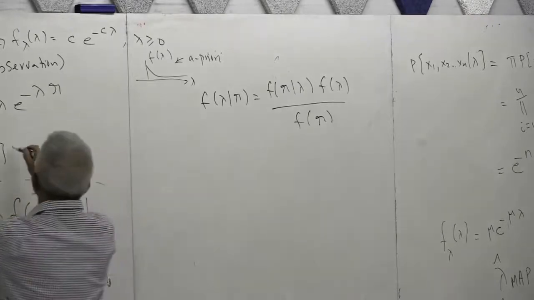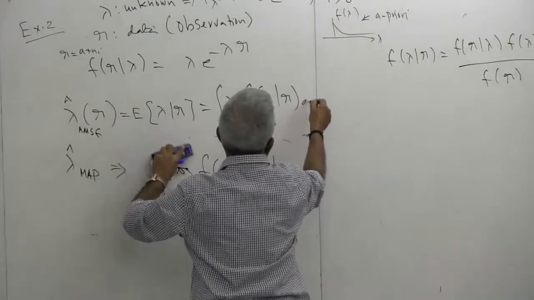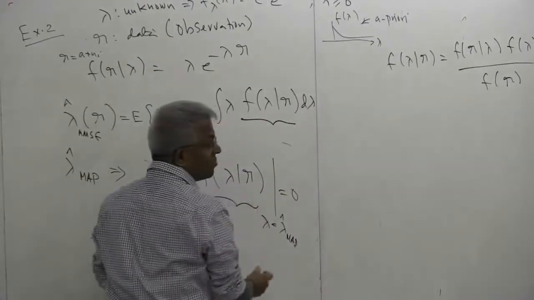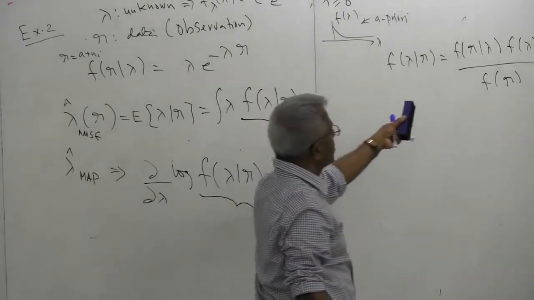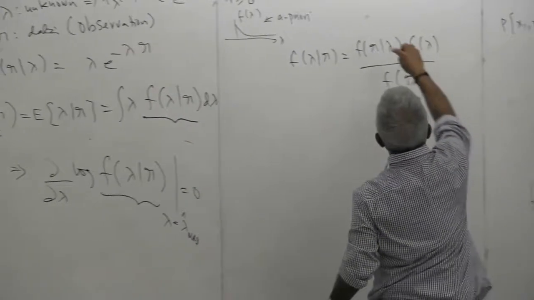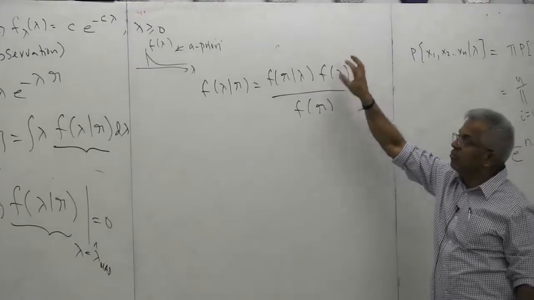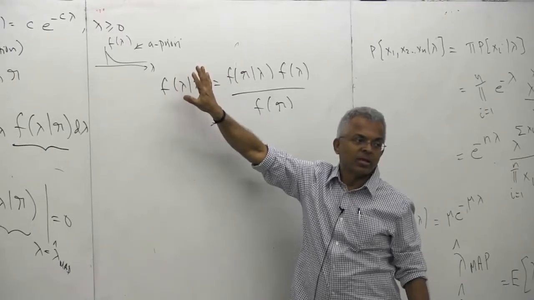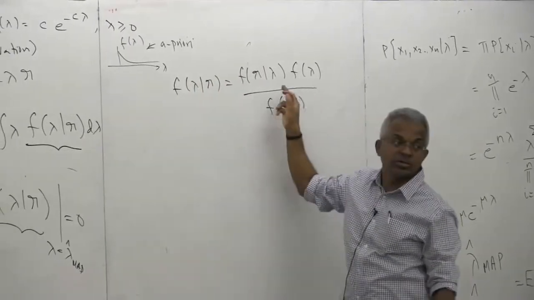Because look at here, this is going to be the integral of lambda f of lambda given r d lambda. So whichever way, you need this density function, right? So this density function is required. This is given to be exponential, this is given to be exponential. If you want to find the mean, I need to find this properly. If you want to find this quantity, I even need to figure this out.